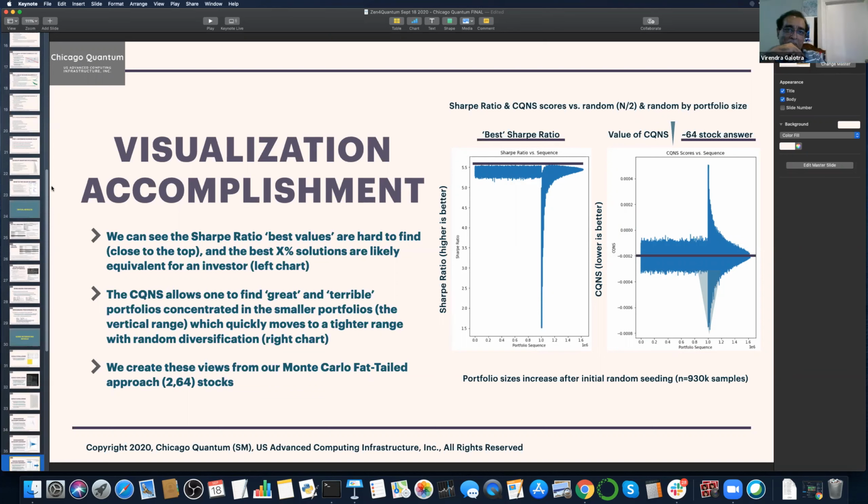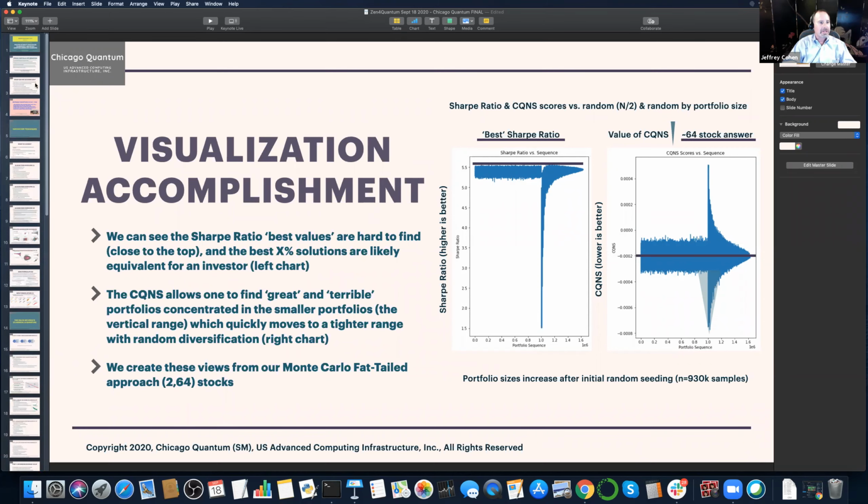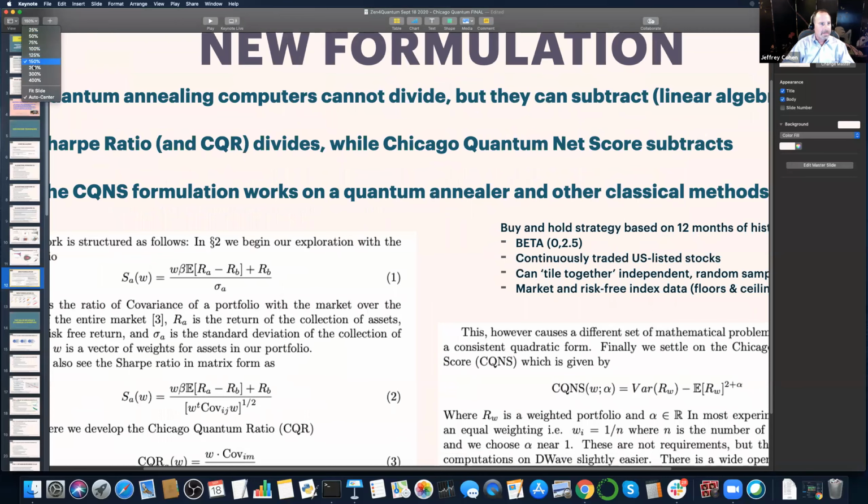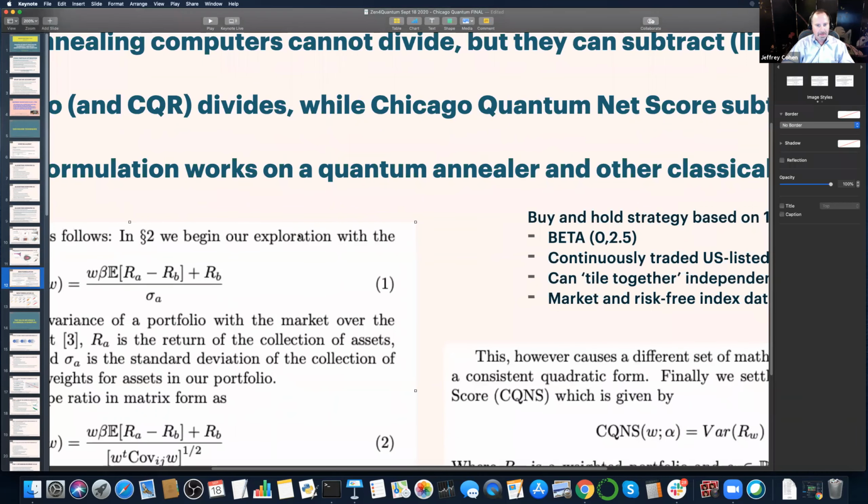But the net of this is if I go all the way back to the initial formulation of the Sharpe ratio on slide 12. So focus on Sharpe, don't focus on Chicago quantum net score for a minute. You see a W. I'm going to zoom all the way in, because sometimes it's hard to read the math here.